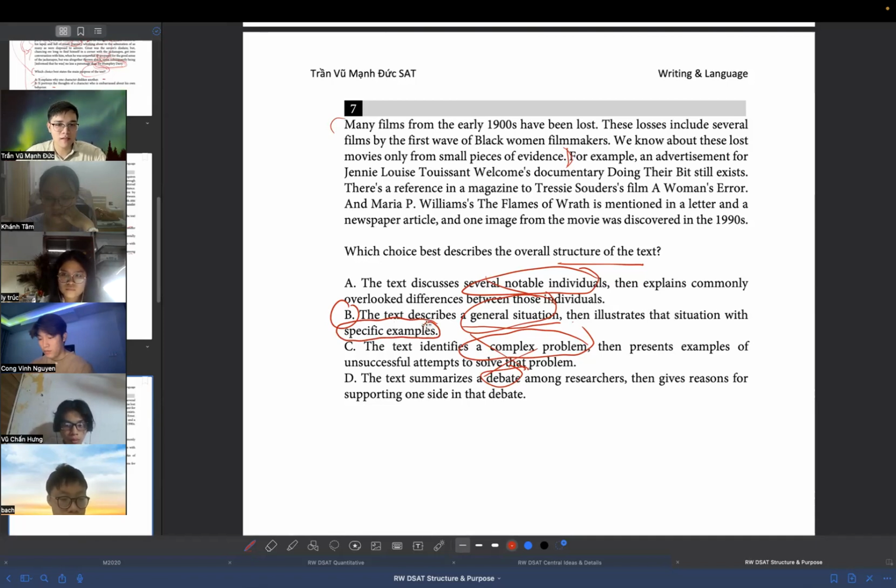There's just 2 words to make this option right in the latter part. For example. Exactly. This one is talking about how, for example, and this option talks about illustrating with specific examples. The other 3 don't talk about giving examples, only B. So you can just rely on these very simple words, and then you can find that B is correct.